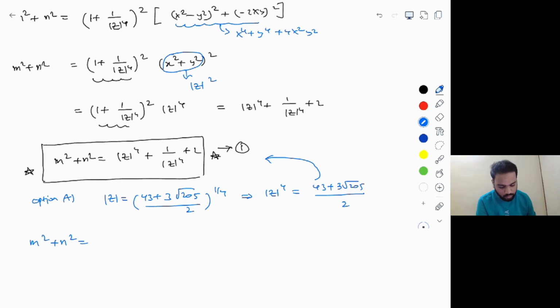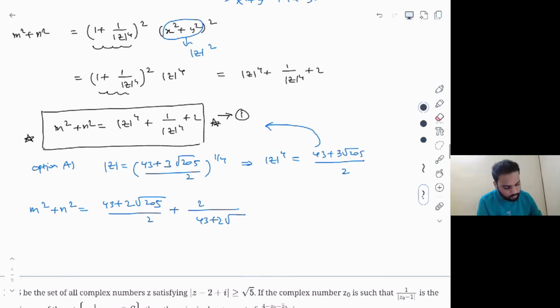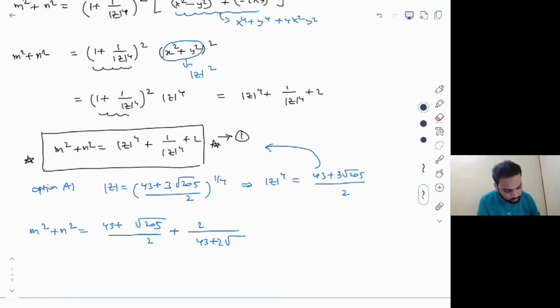Directly we have the value of mod z whole to the power of 4, which is 43 plus 3 into square root of 205 divided by 2, plus we have the reciprocal 1 by mod z whole power 4, which will be 2 divided by 43 plus 3 into square root of 205, and plus 2.